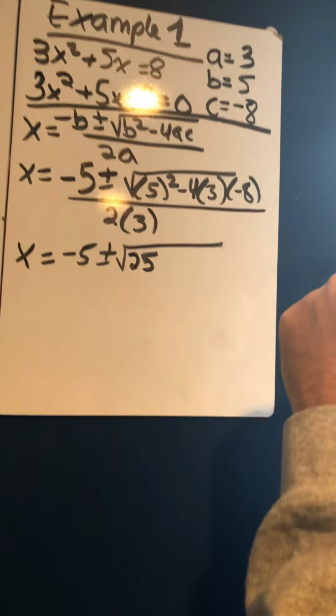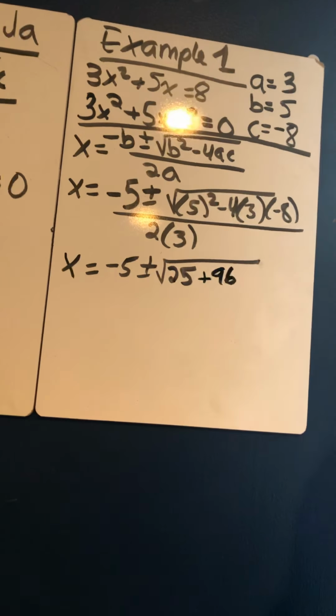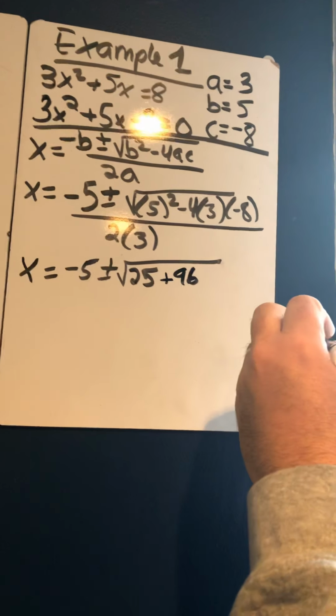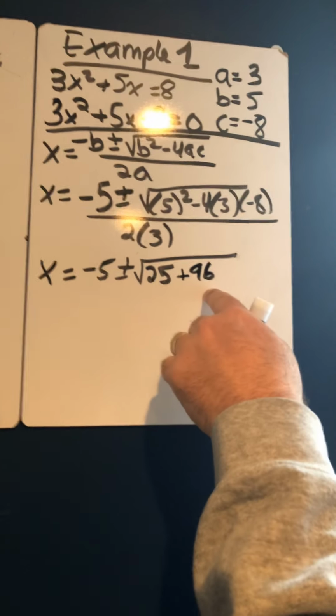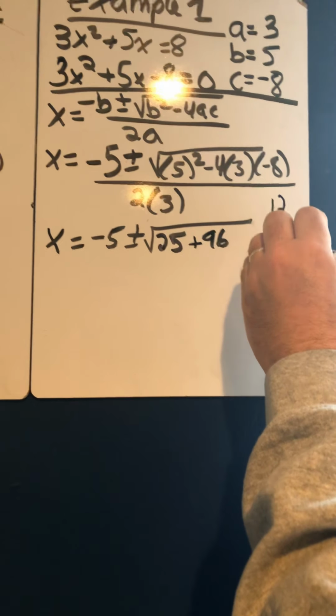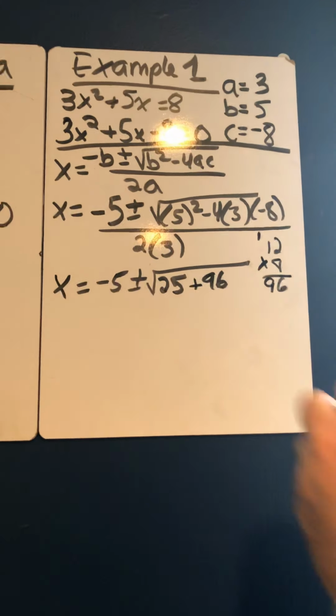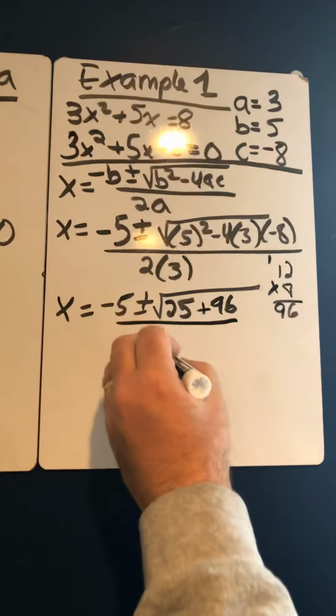Negative 12 times 8 is positive 96. Actually, that's not right, 12 times 8. Oh, it is 96. Okay, just checking myself. And the whole thing is divided by 6.